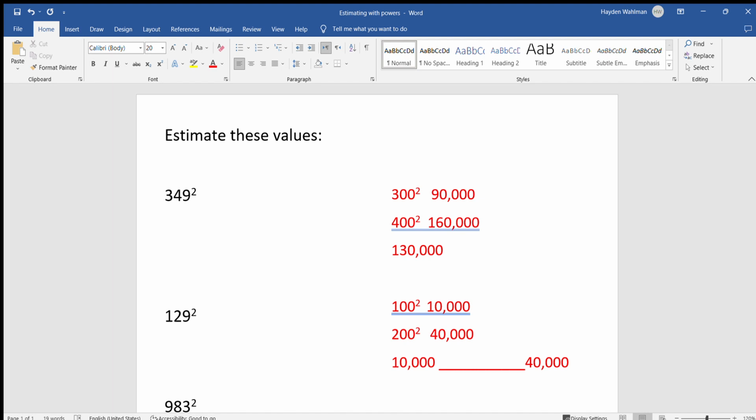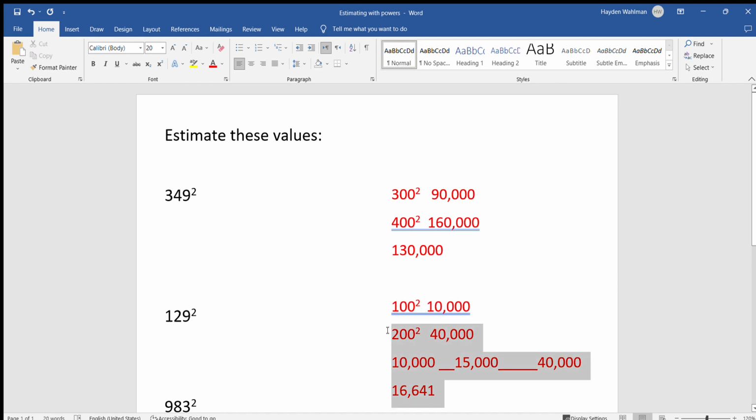So I'm going to guess it's around 15,000, because it's closer to the 10. My guess is 15,000, but the real answer is 16,641. So I got pretty close. So that's what we're doing. We're just estimating, right?